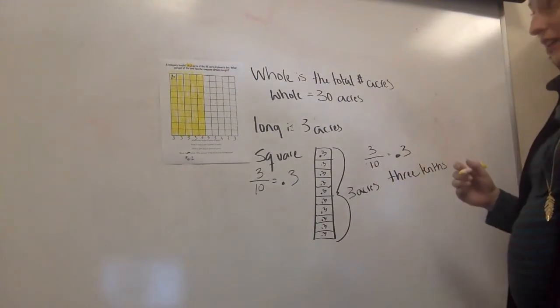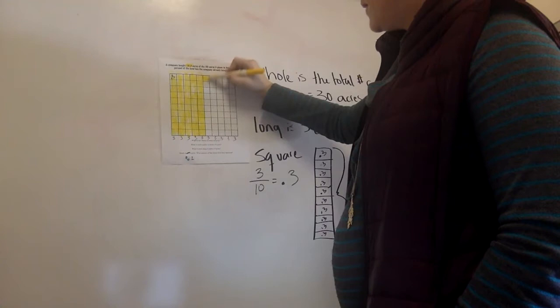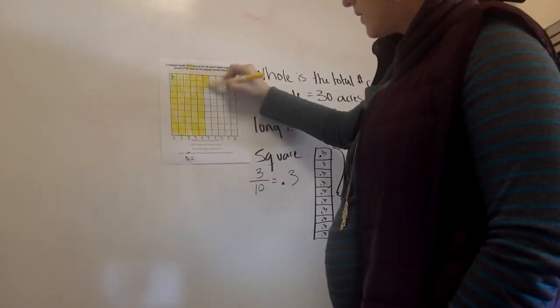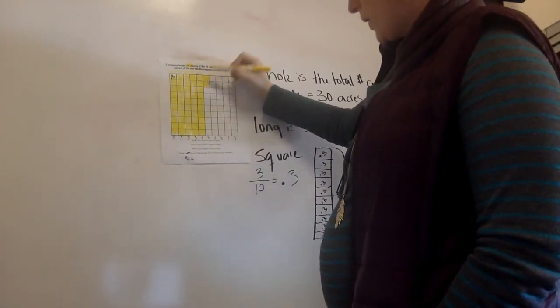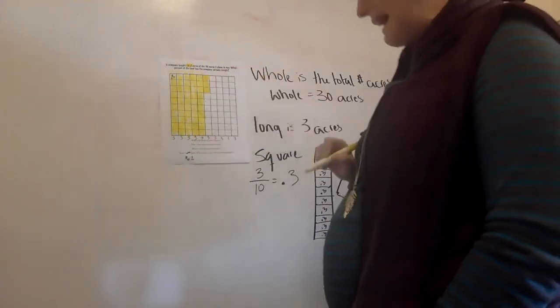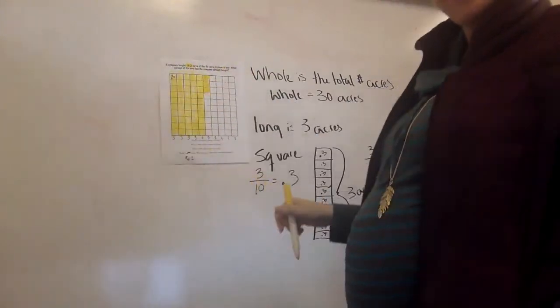Now we have to get up to 16.2 acres. So I'm going to start coloring in little individual squares. So here's 15.3. Adding another little square, 0.3 and 0.3 is 0.6. So 15.3, 15.6, 15.9. Okay, so right now I'm colored in at 15.9.